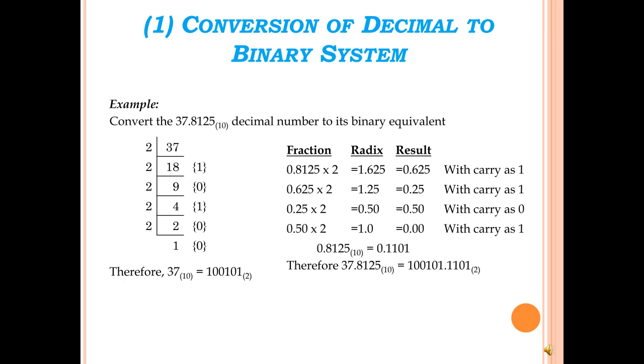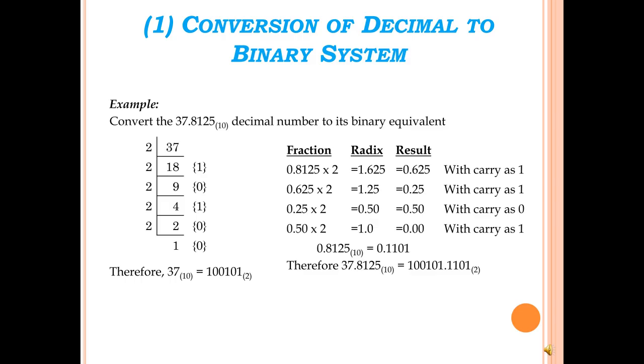Now in the next step, 0.625 gets multiplied by 2, which comes with the result as 1.25. Now the result comes as 0.25, and the 1 which was mentioned before the dot gets carried out. After that, 0.25 gets multiplied with 2, which comes with the answer as 0.50.